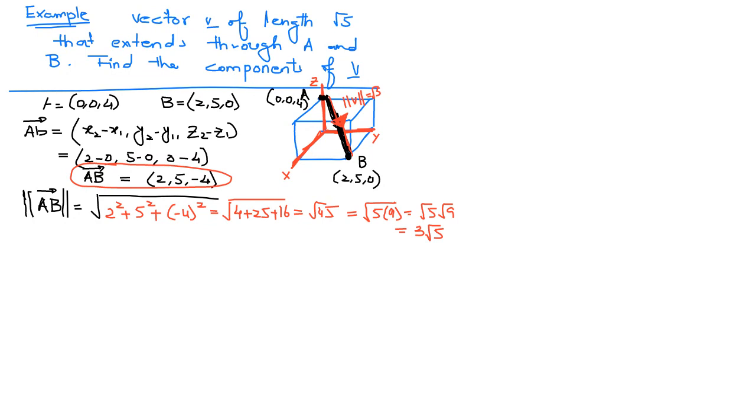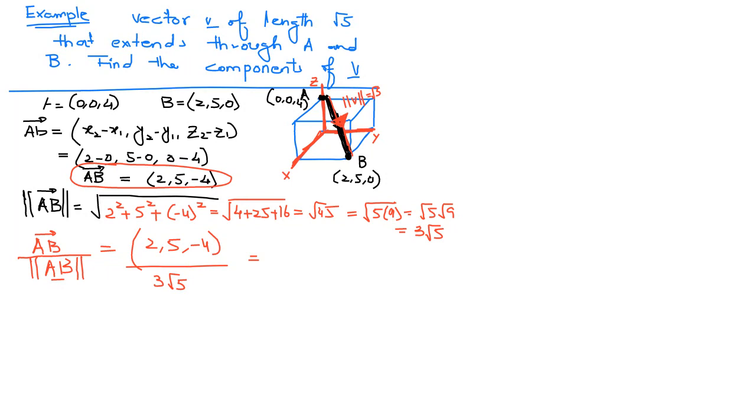Now, a vector divided by its magnitude is called a unit vector, right? This is a vector 2, 5, and minus 4 divided by its magnitude, that is 3 square root of 5.